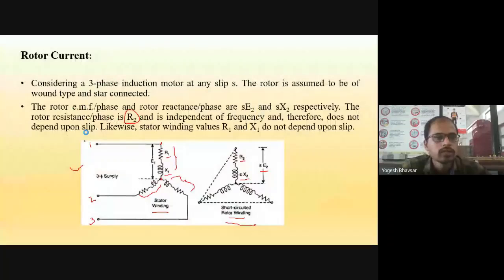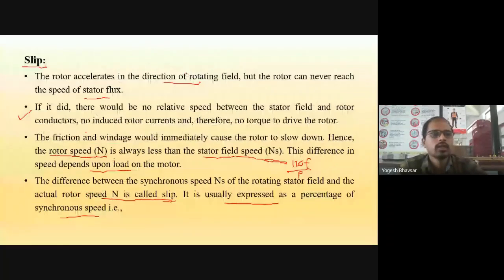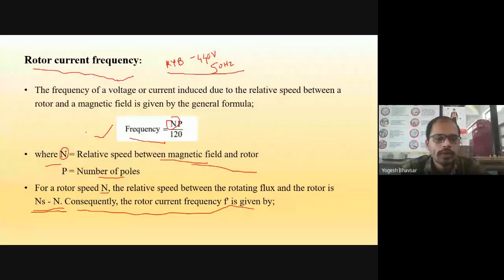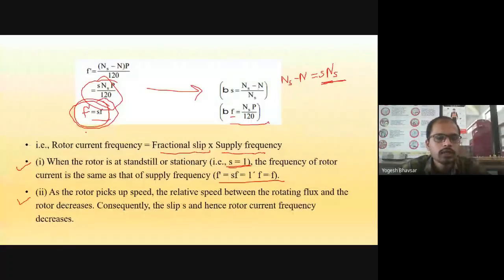What we have seen: the definition of slip, then the formula, how to calculate slip, percentage slip, then the rotor current frequency, which is simply given by slip times the stator frequency.